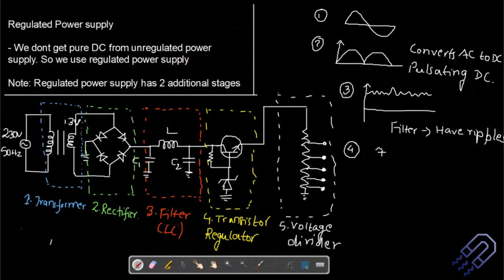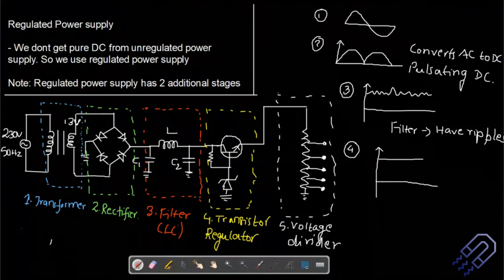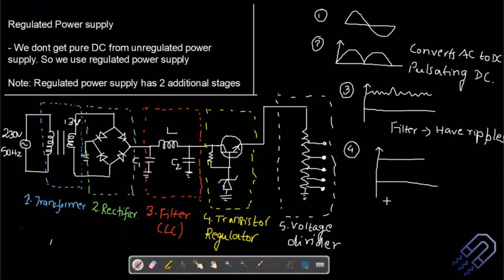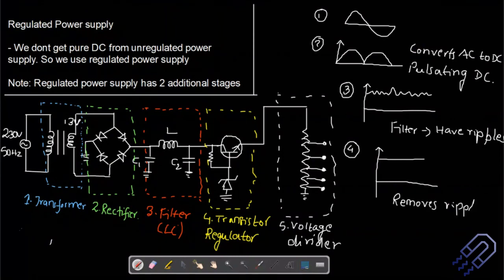If you go into the fourth part, that means the transistor regulator, this regulator will give you this. It will remove the ripples. So you are almost having a good DC power supply now, which is regulated. And then you can consider how much voltage you need using the voltage regulator.